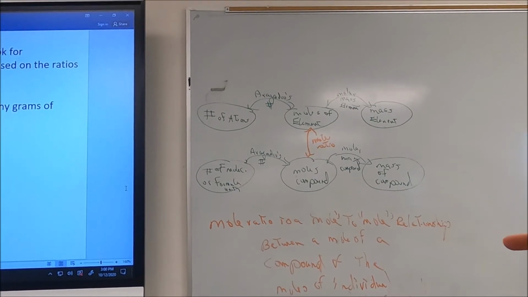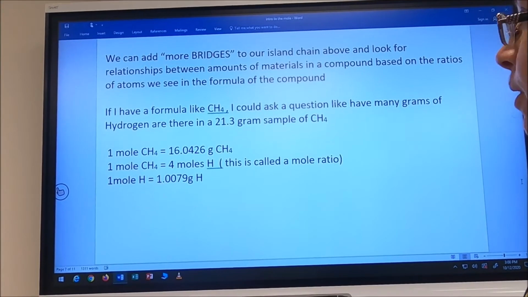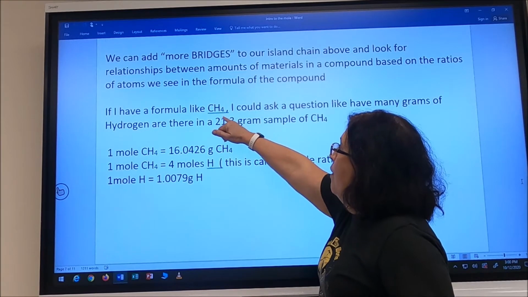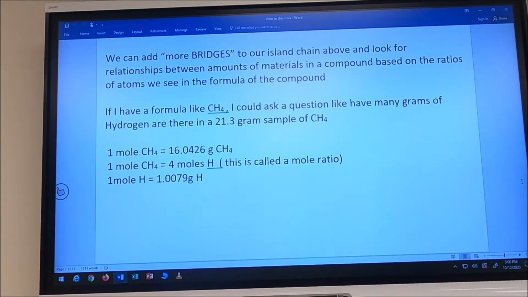So let me show you an example here. If I have a formula of CH4, I could ask you a question like, how many grams of hydrogen are there in a 21.3 gram sample of CH4, common name methane? Well, we know that 1 mole of methane has a mass of 16.0426 grams.